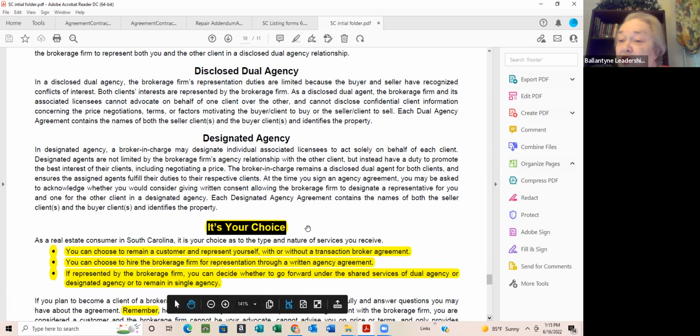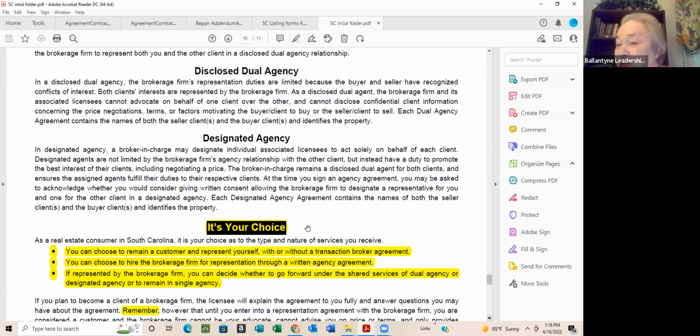So then you come down here and it says it's your choice. It's your choice whether you want to work with me individually, Mr. Seller, since we're talking about sellers today, or I'm going to let you know that if I were to get in a situation where I might be representing you and have the opportunity to represent a buyer also on your property, we would be in something called dual agency.